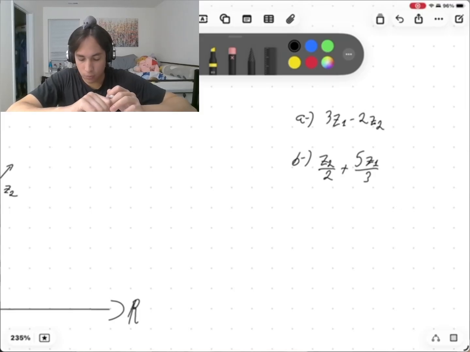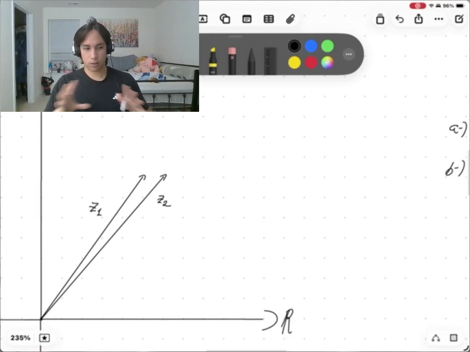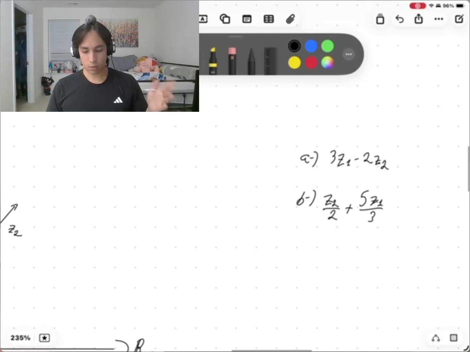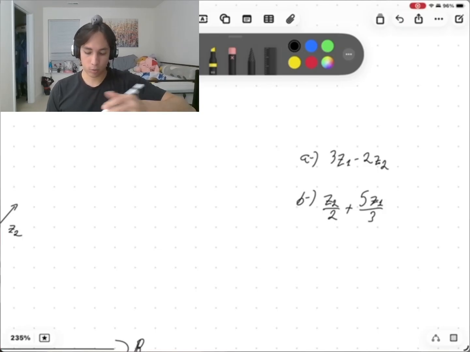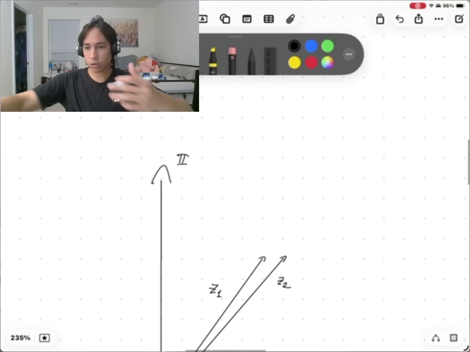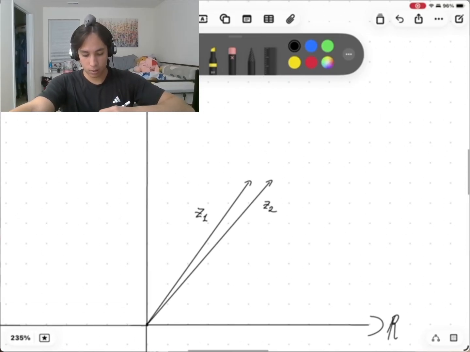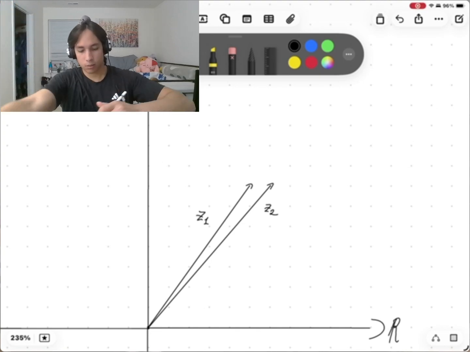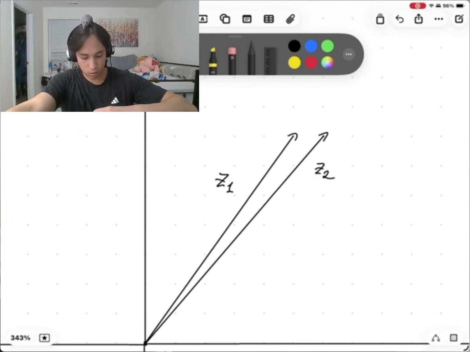So 3z1. This is introducing scalar multiplication of complex numbers or vectors, same thing. The way it looks graphically is you basically just triple the length, right? So you take z1.